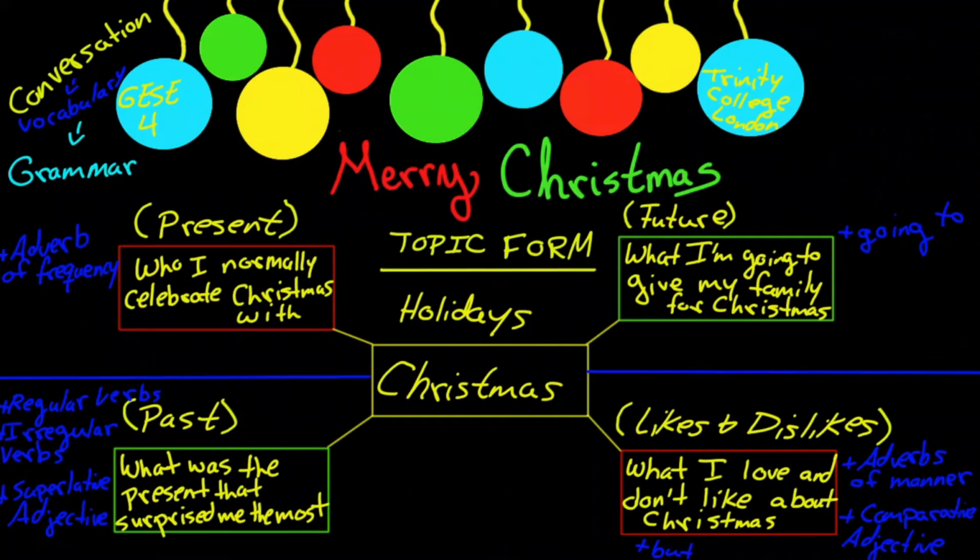Now, if you're working also with a GESE 3, there's another set of grammar that you can add to this. But this is secondary, okay? This is not your first option. Your first option is what's in blue. So your secondary options could be also to think about putting the present continuous.